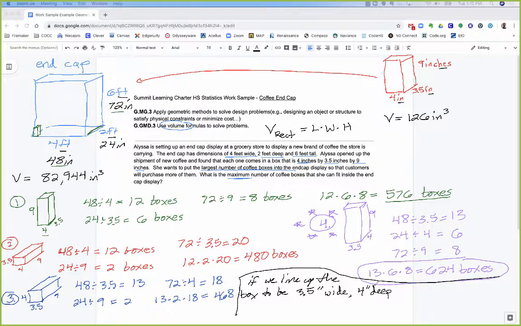By the way, that little apostrophe looking thing, that's the notation for inches. And 9 inches tall. We will fit 624 boxes into the end cap, which is the maximum.